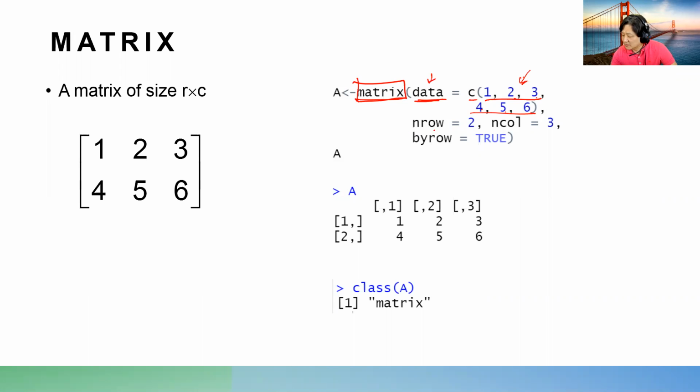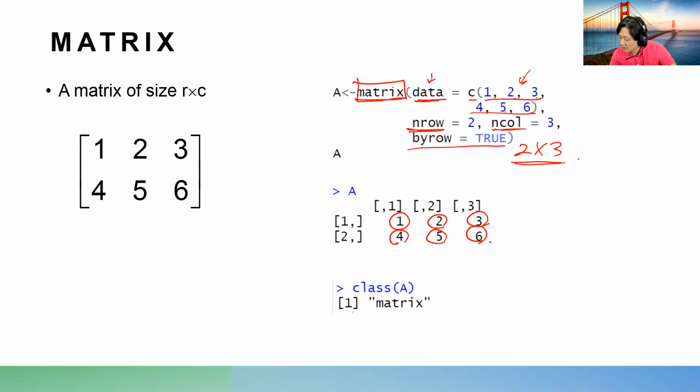And then you can specify the number of rows and number of columns, 2, 3. Which means I'm going to create a 2 by 3 matrix, right? And then I put byrow equals TRUE, which means I'm going to assign each element by row. Okay, so 1, 2, 3, 4, 5, 6.